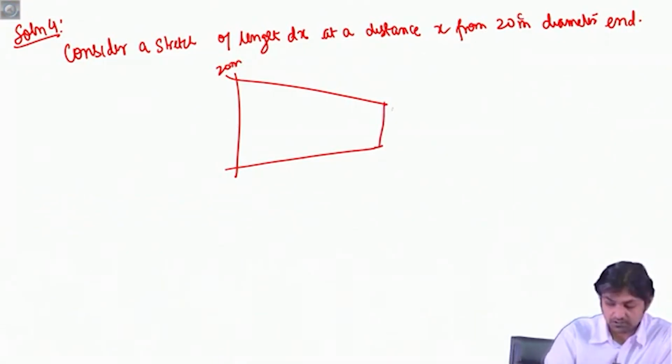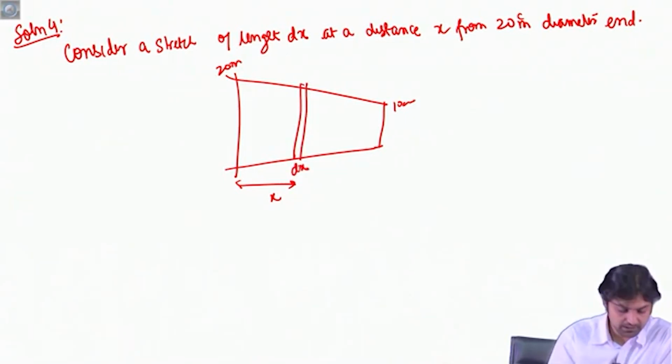This was the 20 centimeter diameter end, and this was 10 centimeter. So, we assume at a distance x a strip of thickness dx here.